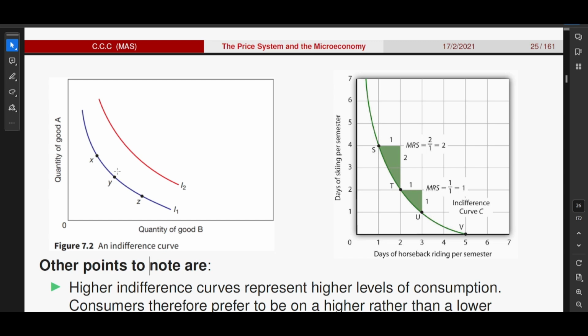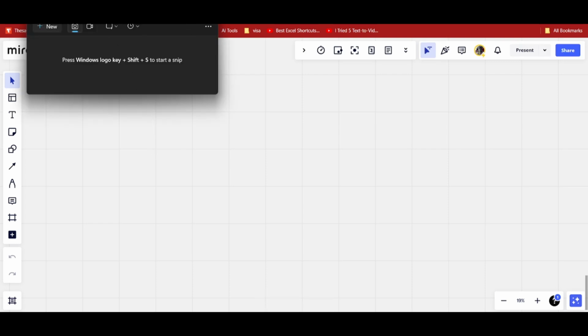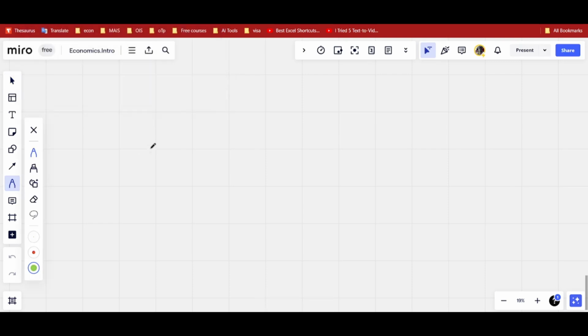Another thing you have to understand is that when we talk about utility and indifference curves, it's not unique, right? Nobody has one specific indifference curve.